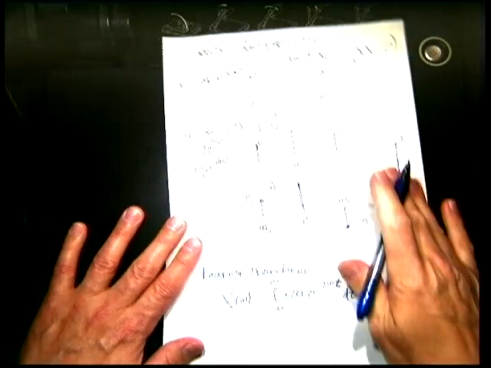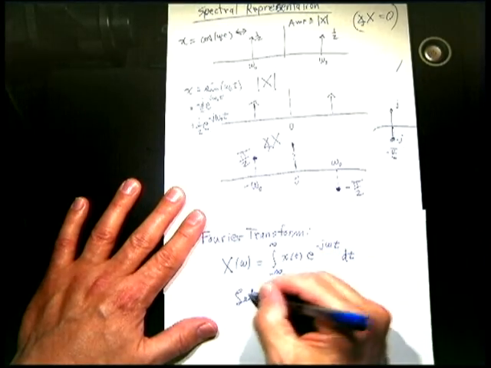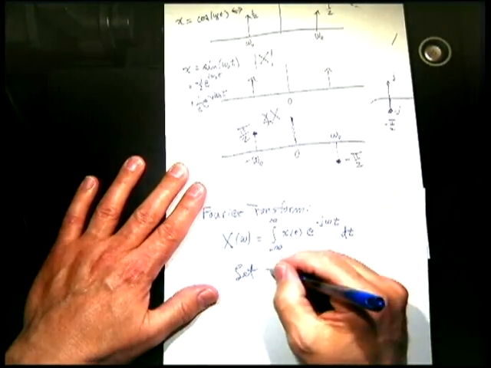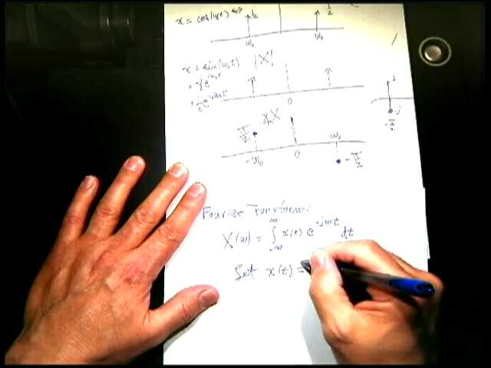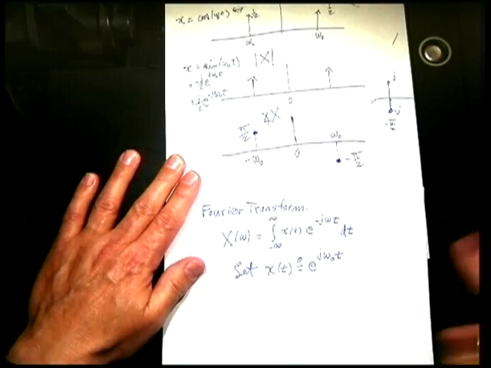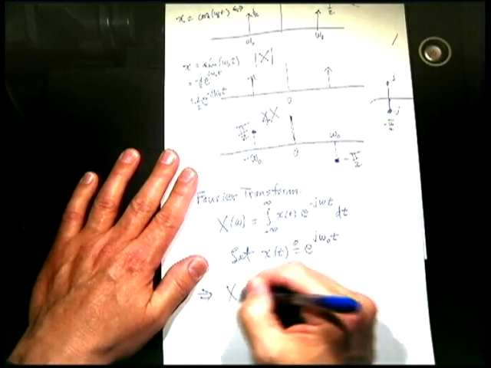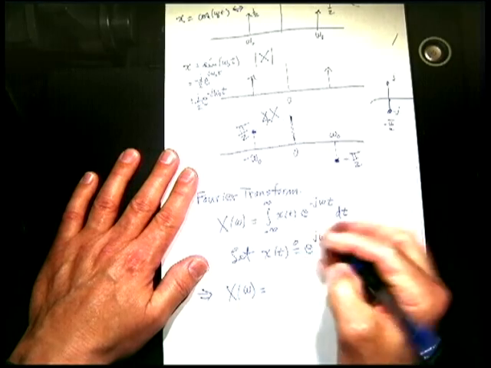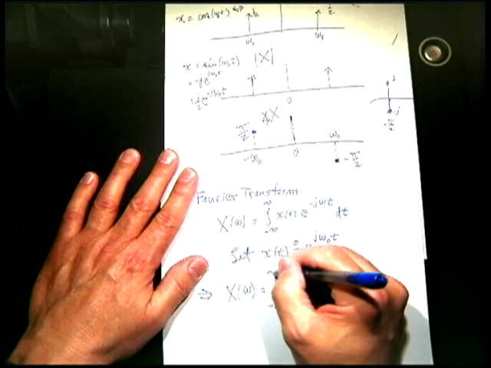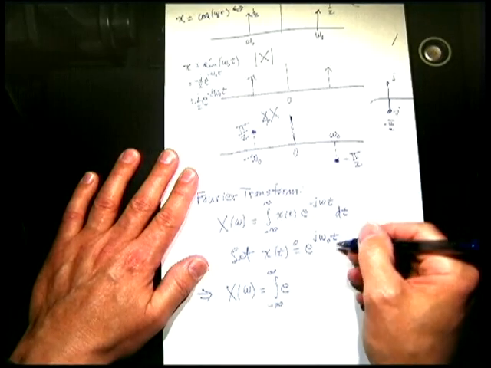And so what happens is, you can at least see it blow up. Let x of t be defined as e to the j omega 0 t. So we're just fixing it at a particular complex sinusoid. Then you can see that X of omega is the integral from minus infinity to infinity of e to the j omega 0 t.